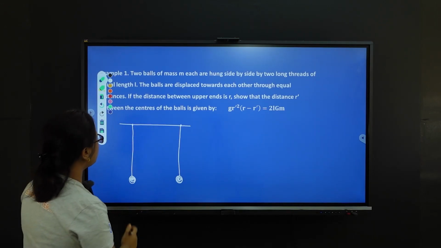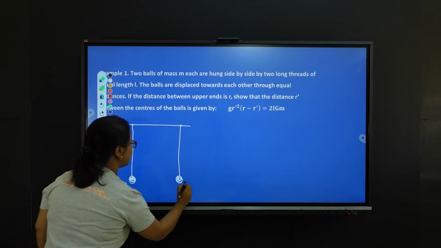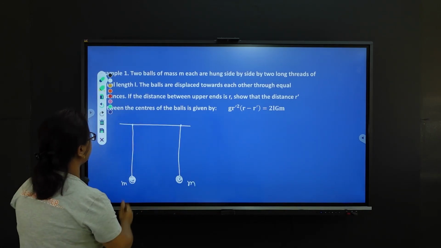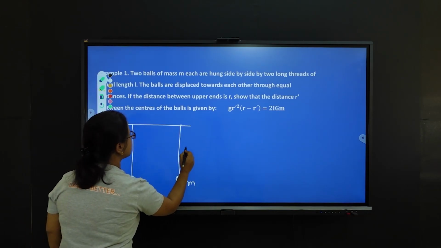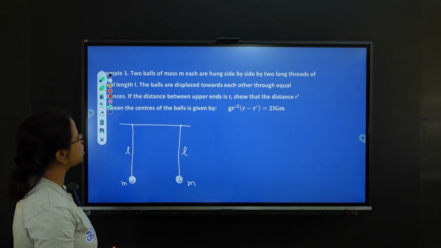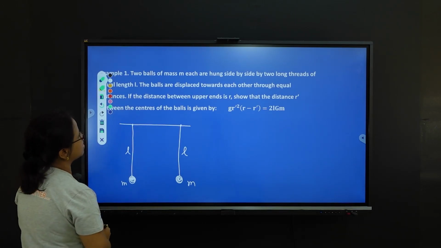The two balls have the same mass. They are hung by two long threads of the same length. Suppose the length is given as L. The balls are displaced towards each other through equal distances.